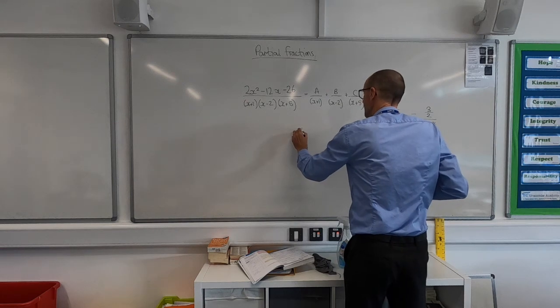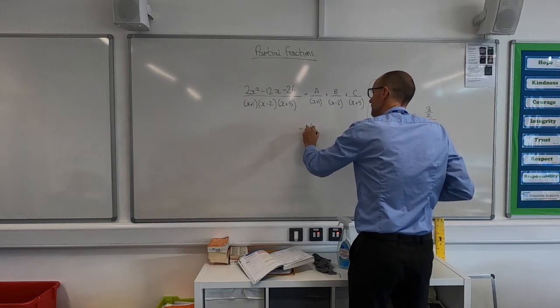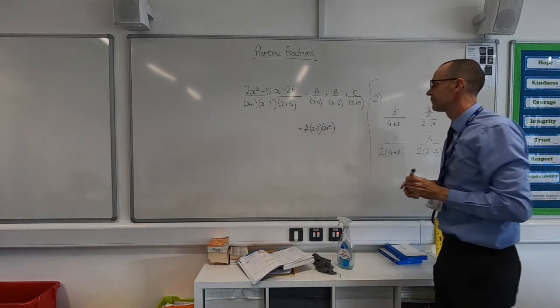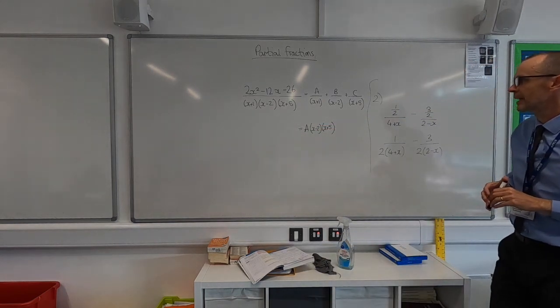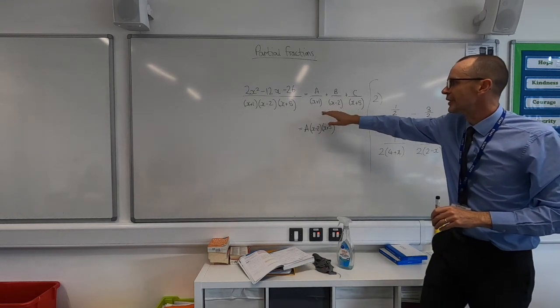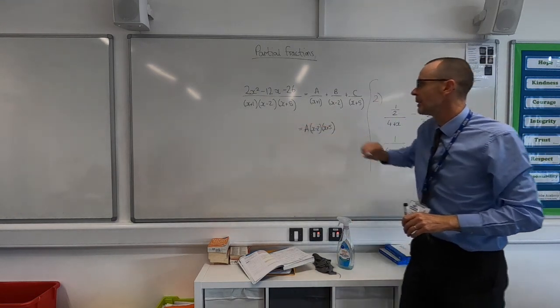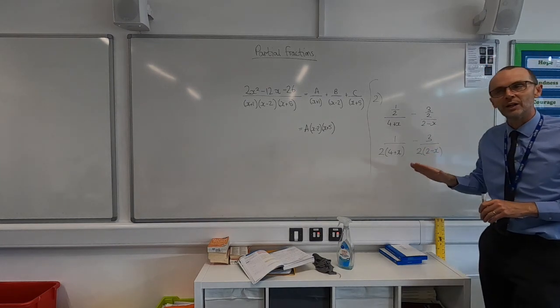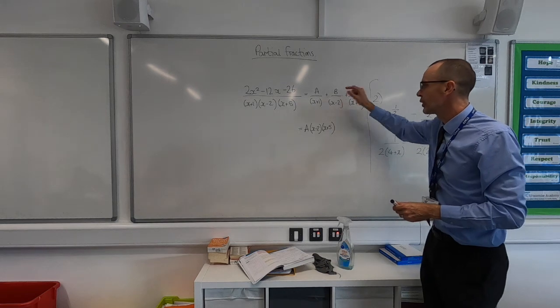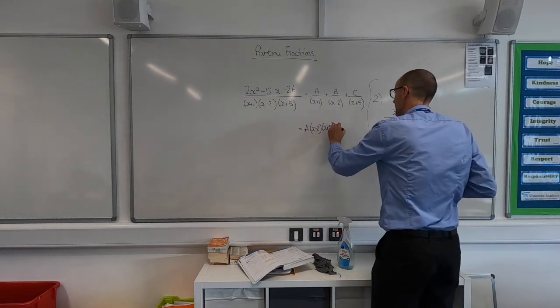So my top is going to become, and to turn this denominator into the same as this denominator, I would need to multiply by an x plus 1 and an x plus 5. Well, that's okay, as long as I multiply the top by an x plus 1 and an x plus 5.